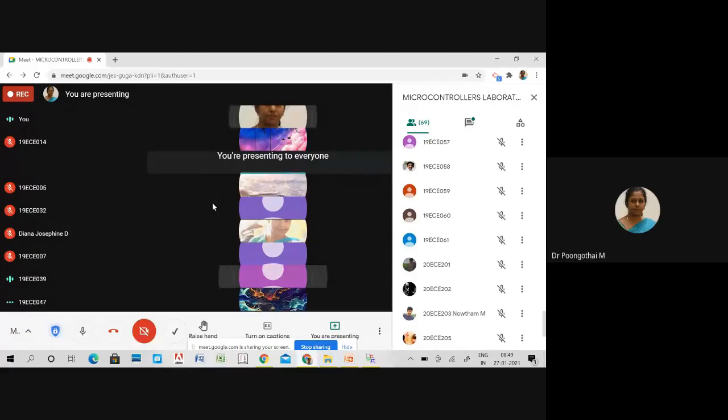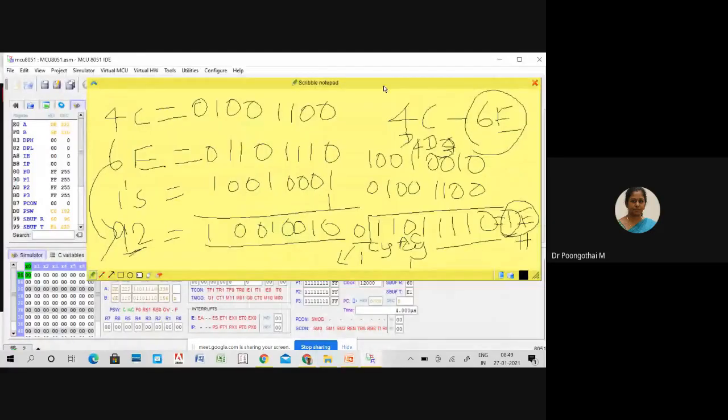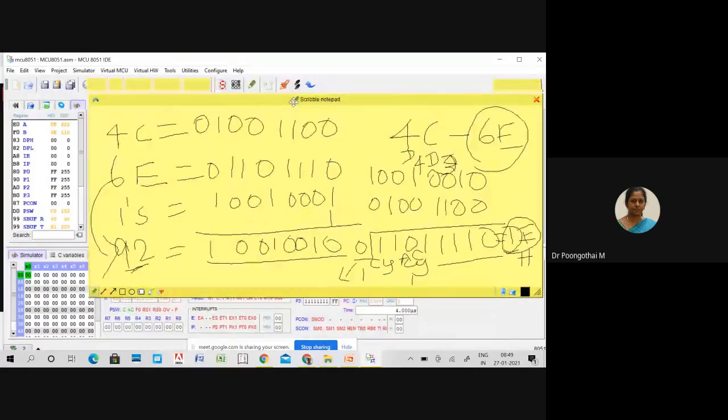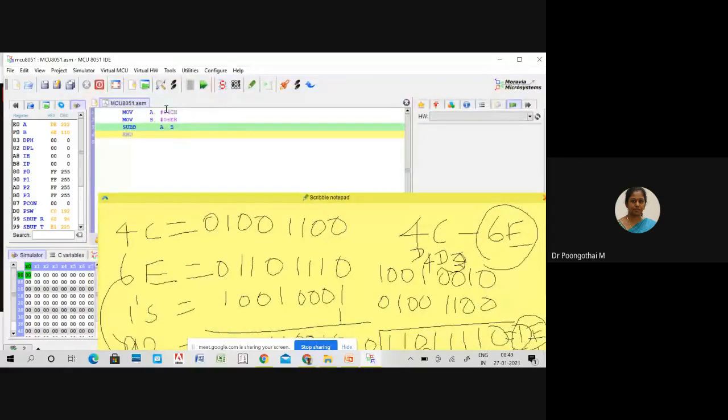Yes, ma'am. Just look at this program. We are giving only a hexadecimal program. Your processor or controller does not know whether we are giving signed values or unsigned values. So the user's responsibility is to interpret the results based on your inputs.